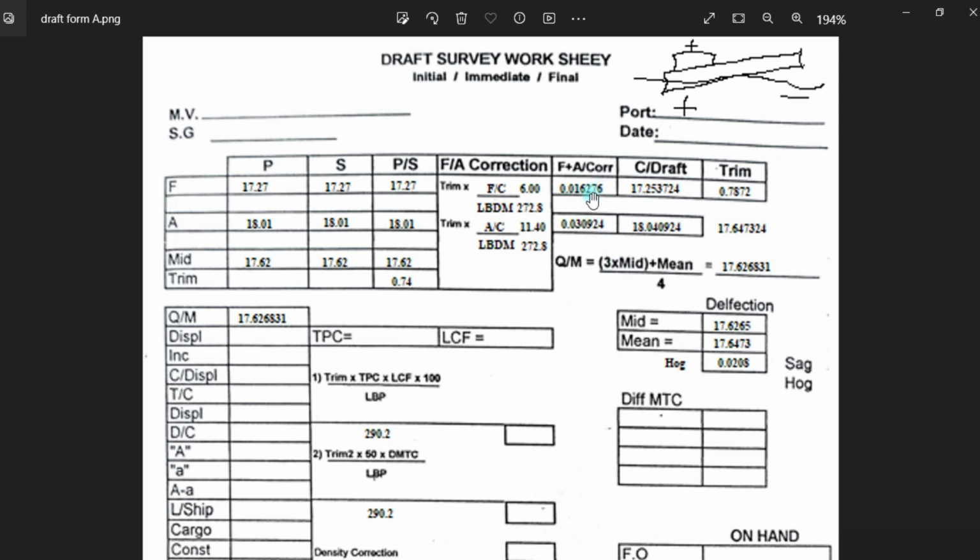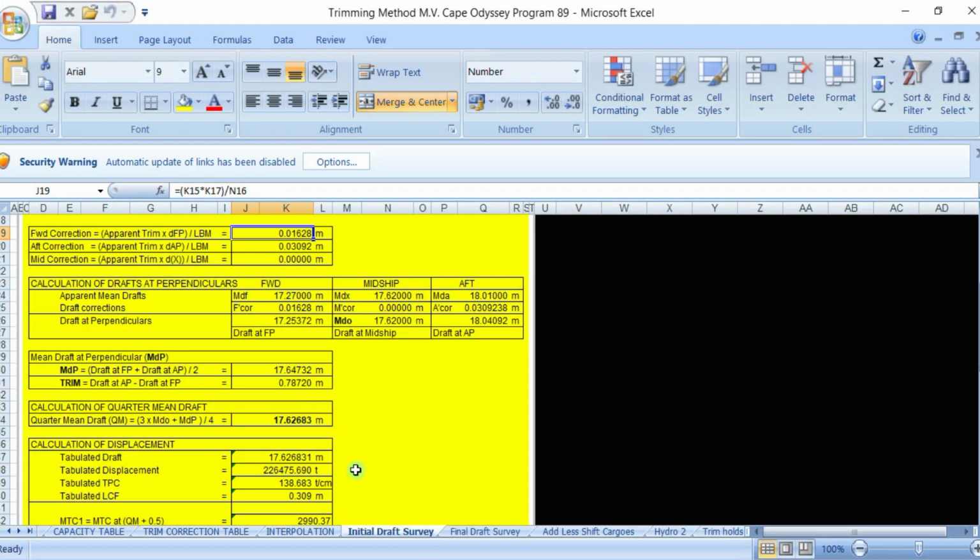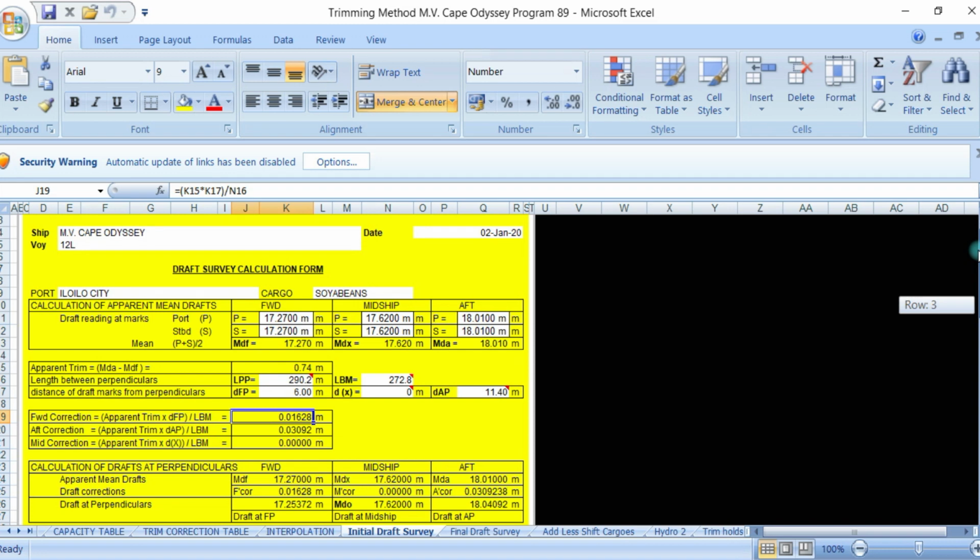So we have right correction forward, which will be the other drop survey. We will see the correction. Correction forward would be 0.01628.